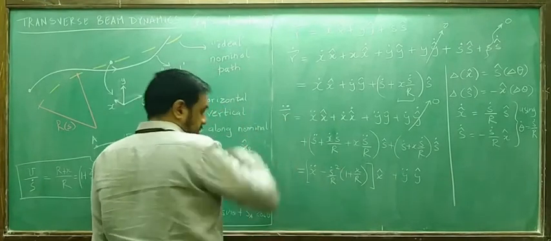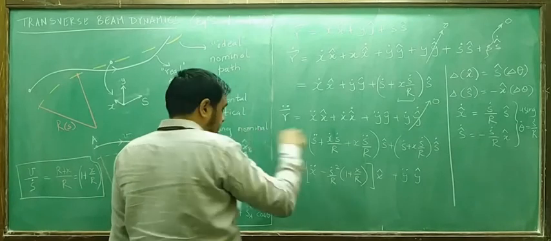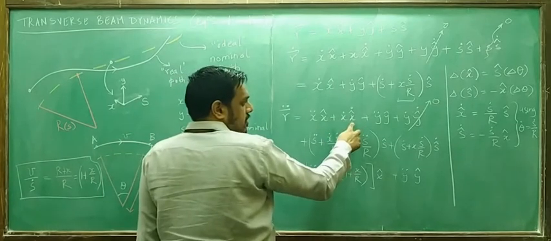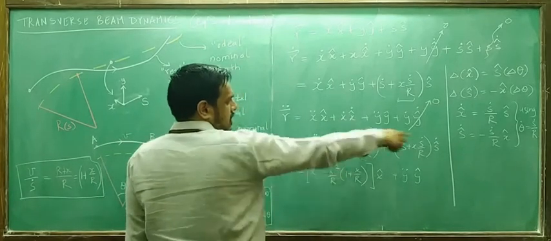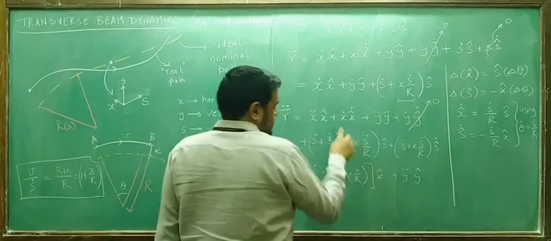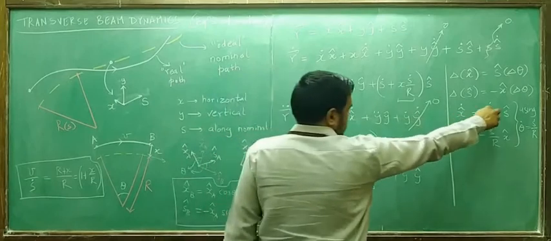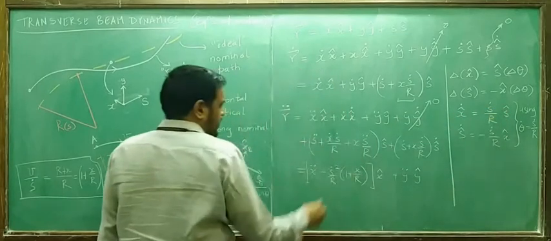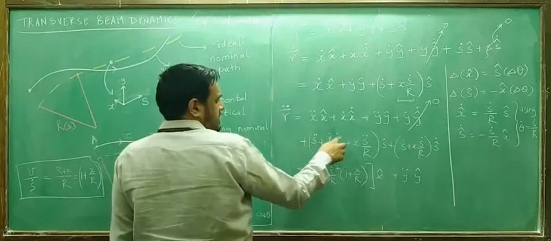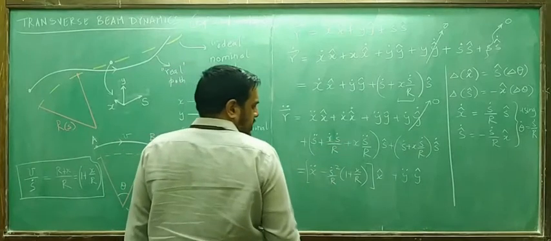When you try to look at the s hat terms, you will find that x dot x hat dot will also give you a term, which is basically, if you substitute x hat dot, we will get s dot by r times s hat, which will add with this x dot s dot by r times s hat.